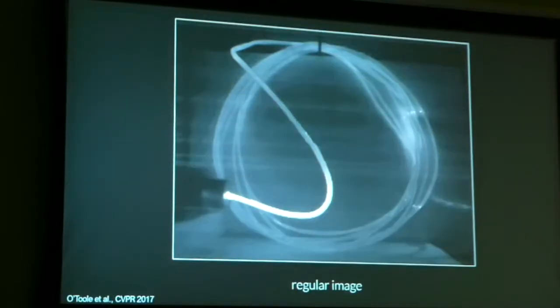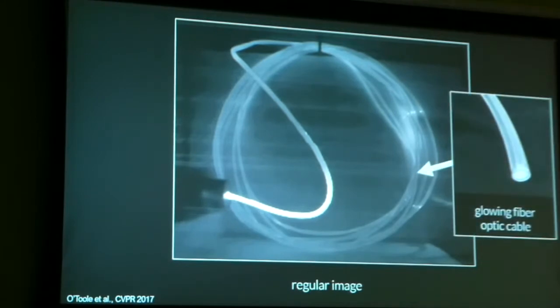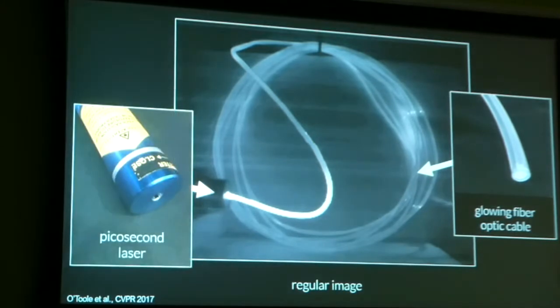And we can use these sensors to capture an image like this. So this is a regular image showing the scene that we captured. We've got a fiber optic cable that glows when we send light through it. And we've hooked up to this cable a picosecond laser that's sending in these short pulses of light.